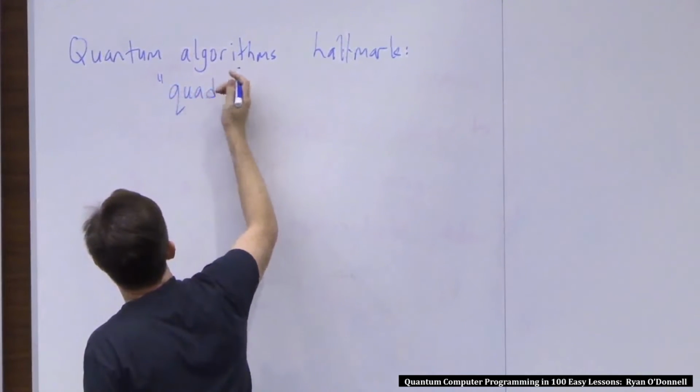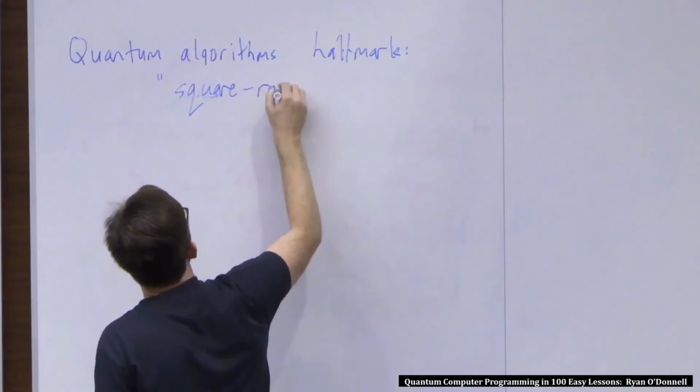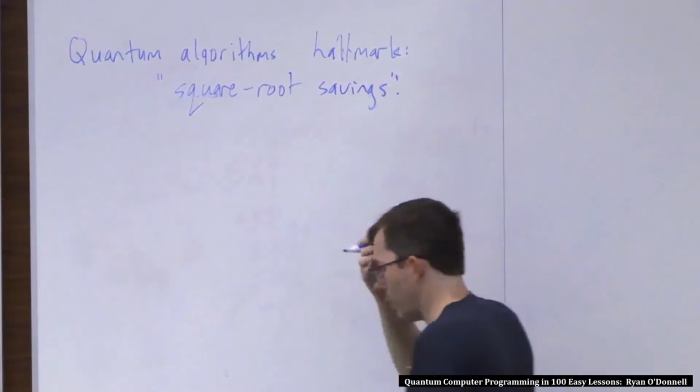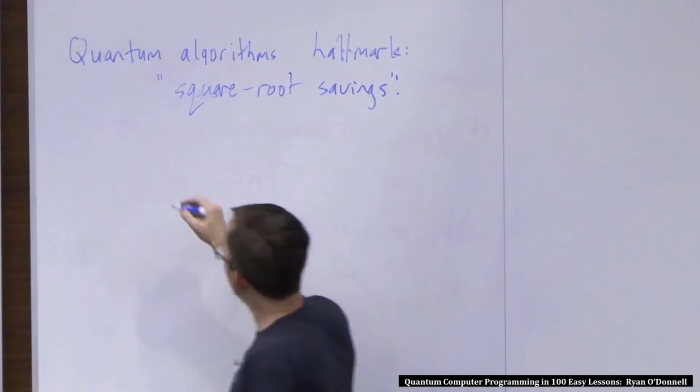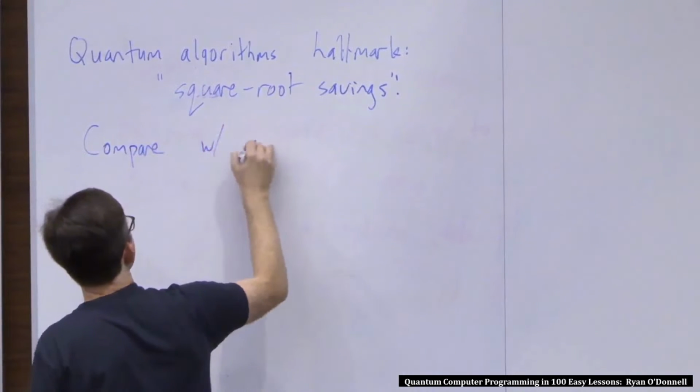I'll call it square root savings. So why do I call it square root savings? Well, compare with classical algorithms.